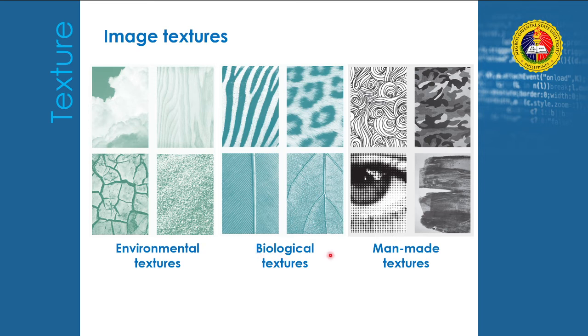And then man-made textures can be paintings, illustrations, dyes, cloth, paper, typography, photographic effects, etc. These are textures that we created, just like camouflage, brush strokes, pixels, and then drawings or effects. So these are called image textures.